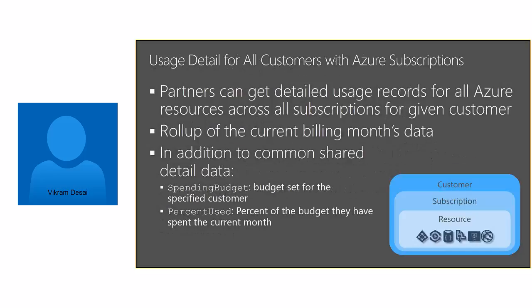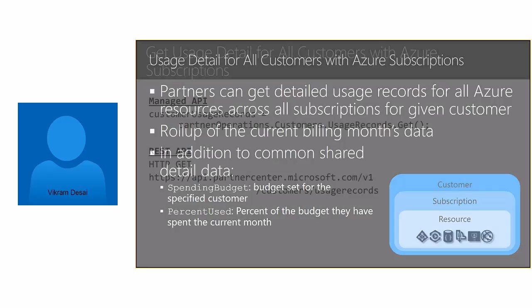Let's start with the first one, which is for all customers. So, as a partner, if you want all subscriptions of a specific customer, you can do that. You will also see a percentage here, which is how much is the percentage spent in the current month, all with the spending budget and the actual amount that is used.